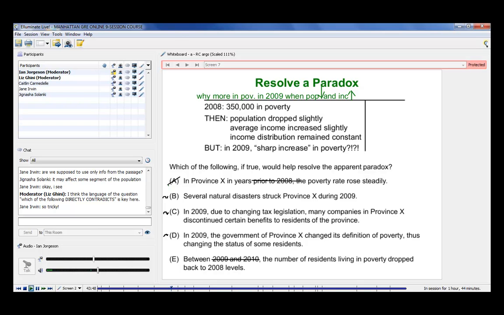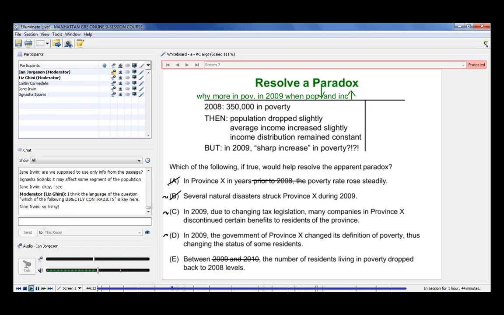So basically, we're not allowed to infer, or maybe the better word here is we can't assume that a natural disaster increases poverty. They didn't tell us that. They didn't make it clear. Whereas in D, they're very specifically talking about poverty.